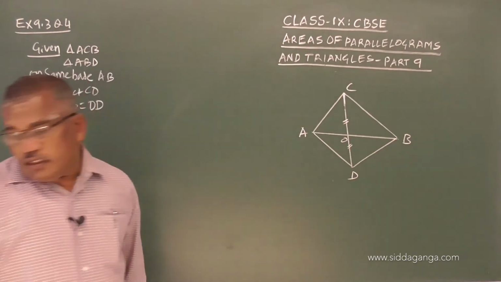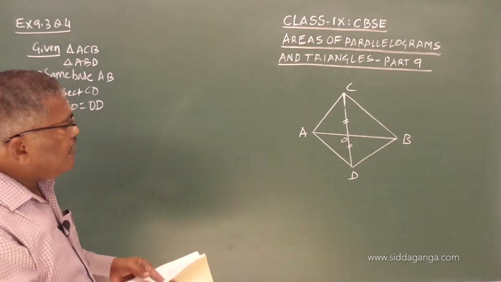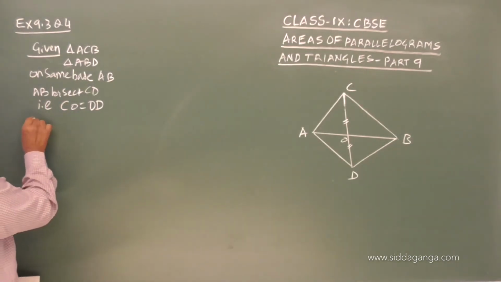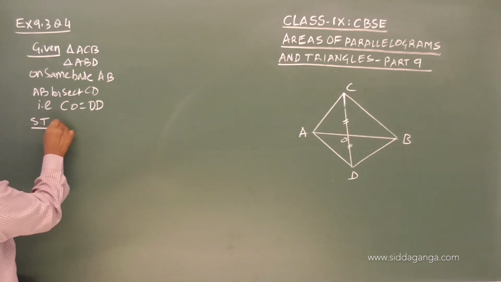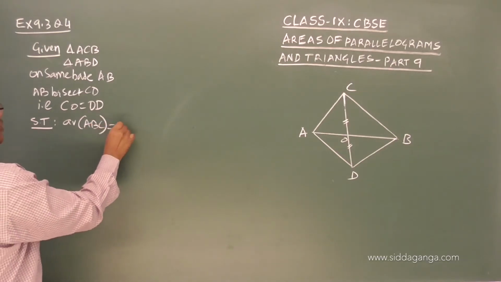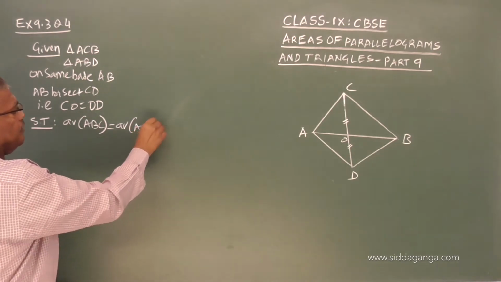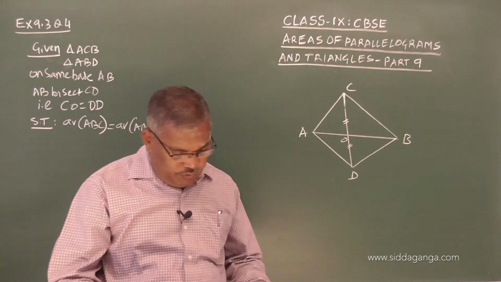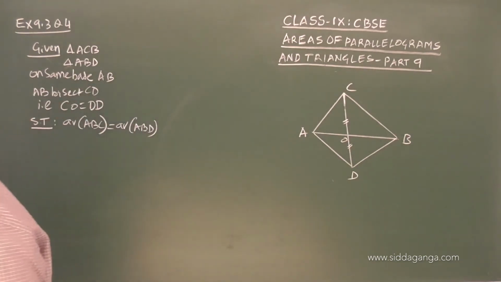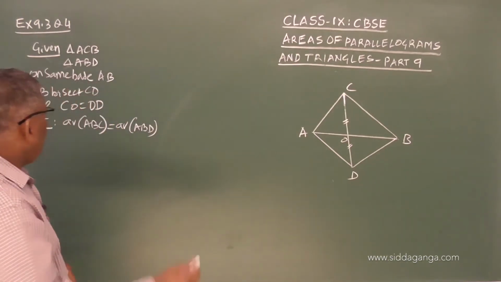This is what is given, and the question is: show that area of ABC is equal to area of ABD. So this is what is to be proved. Now, proof.